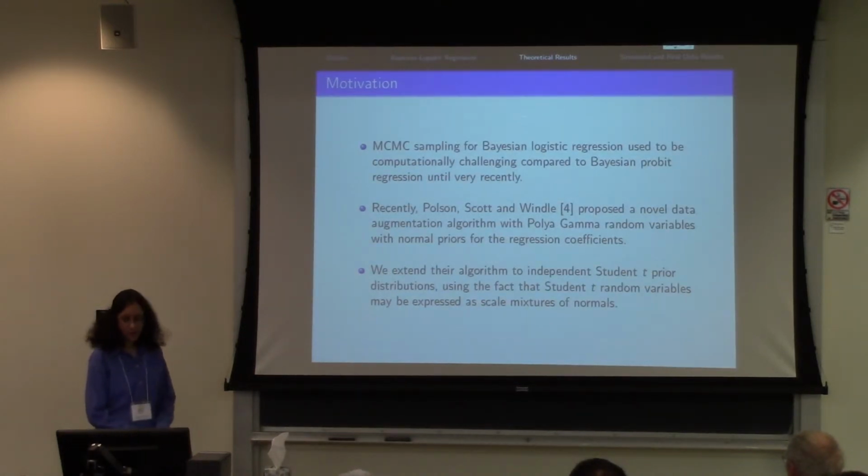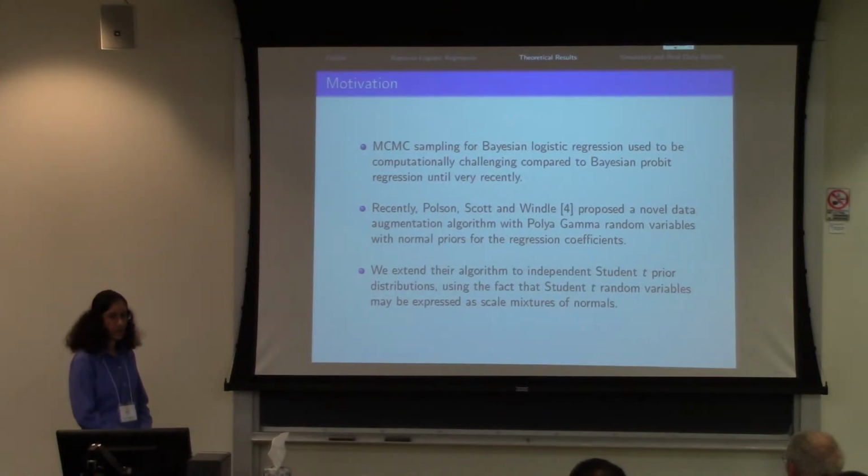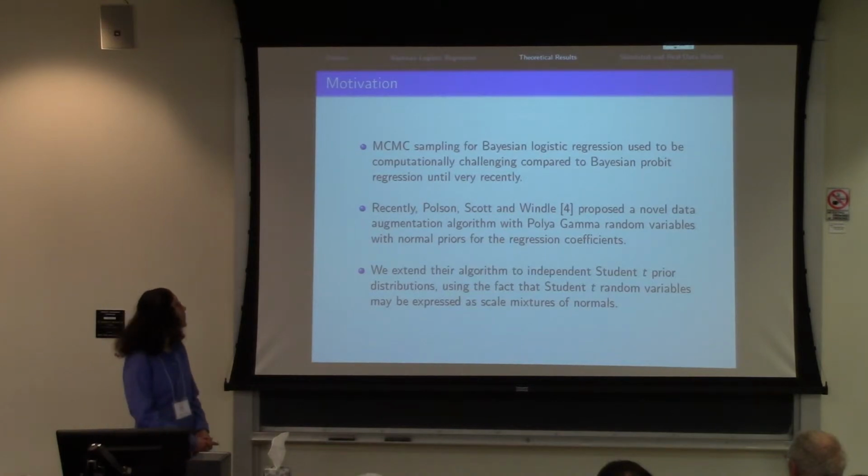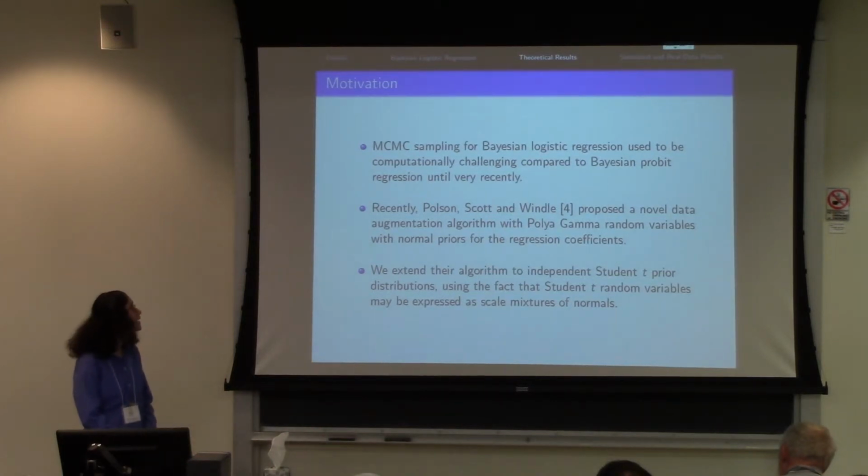So one reason why Gelman in their paper may not have looked at MCMC sampling is it used to be computationally challenging to do MCMC for Bayesian logistic regression, as opposed to Bayesian probit regression, which is much easier, until very recently. So in a 2013 paper in JASA, Polson, Scott, and Windle proposed a very nice and novel data augmentation algorithm with what they call the Polya-gamma data augmentation.